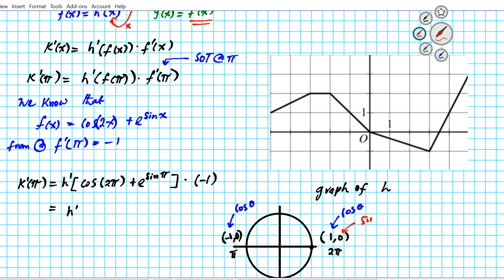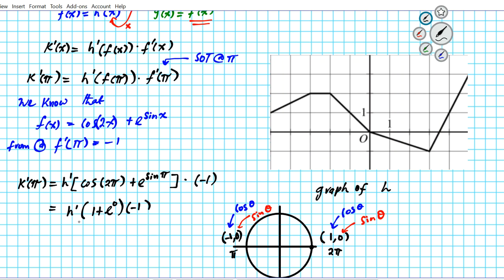All right, so what is cosine 2 pi? So cosine 2 pi is just 1. Okay, we can see here the x coordinate. So parenthesis 1 plus e to the sine pi is 0. So e to the 0 times -1.